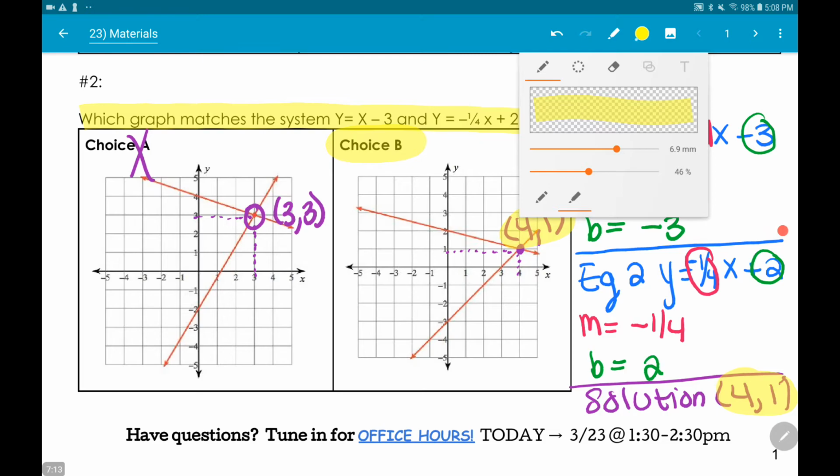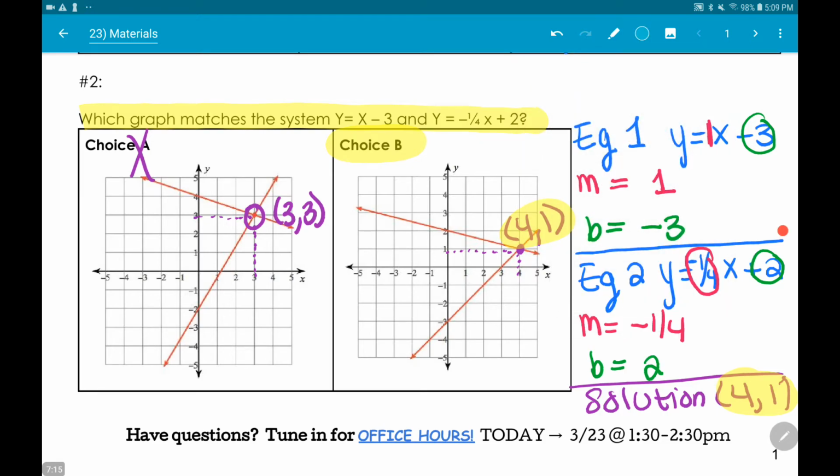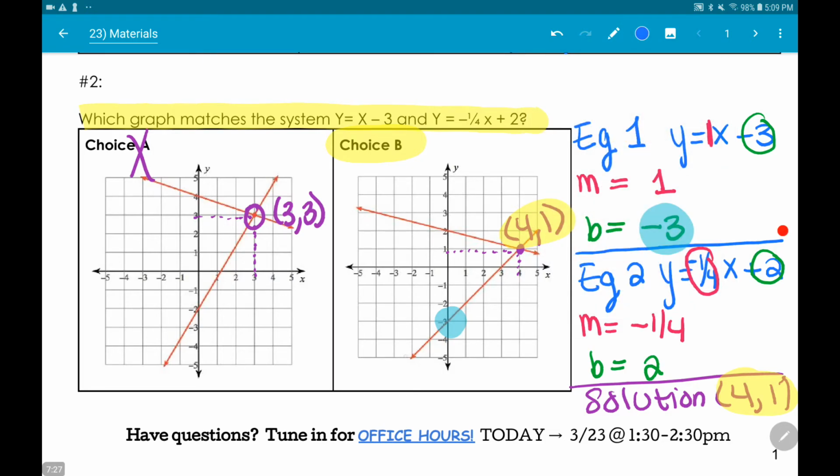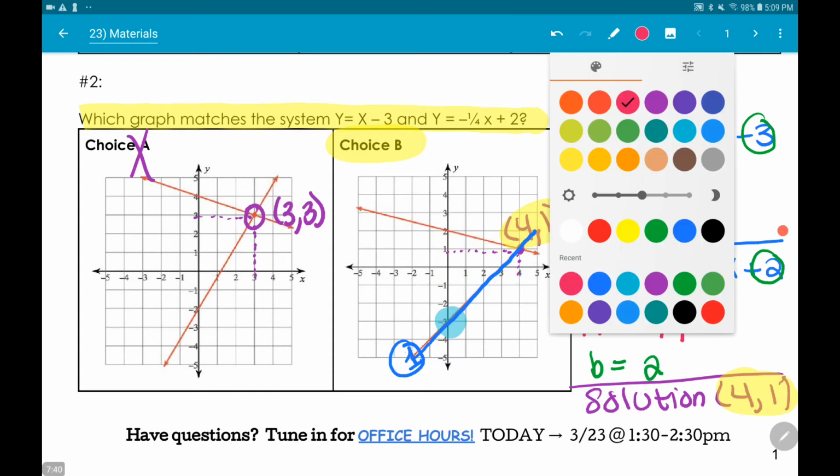There's one more way we can check that. If you remember, we can check our y-intercepts. So our y-intercept for the first one, equation 1, was -3. And I see right here that this goes through -3. So that means this line must be equation 1. All right, so this is equation 1. And then our y-intercept should match for the other one. Let me get a different color.